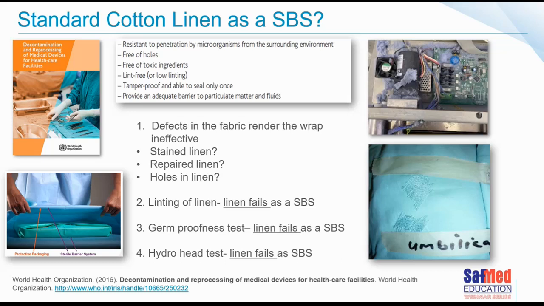So if we think about sterile barrier systems or standard cotton linen, let's talk about the fact that there are often defects in our wrap, and defects will render it ineffective. Stained linen is problematic. Is there a repair to the linen that's been done? Are there any holes in the linen?